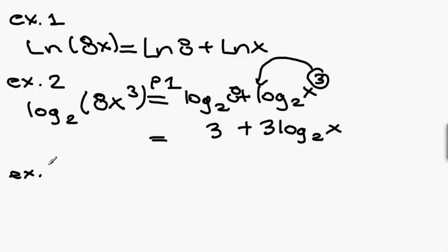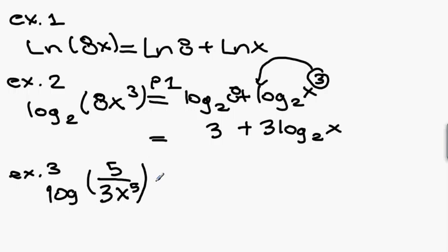Now, last example that we're going to do, we're going to have log of 5 over 3x to the fifth. Now the first thing, we separate out the logs. So we have log of 5 minus log of 3x to the fifth.